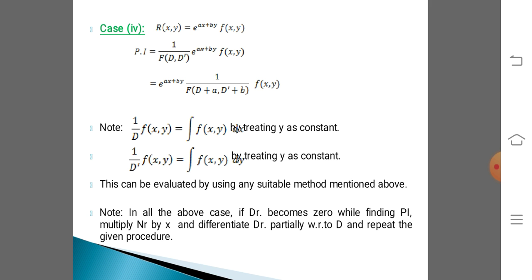So whenever the denominator becomes 0 when finding the particular integral, what you have to do is write x in the numerator and differentiate the denominator partially with respect to d. So this is a very important rule using which you can evaluate the particular integral. Okay, so if the denominator becomes 0, simply write x in the numerator and differentiate the denominator partially with respect to d.